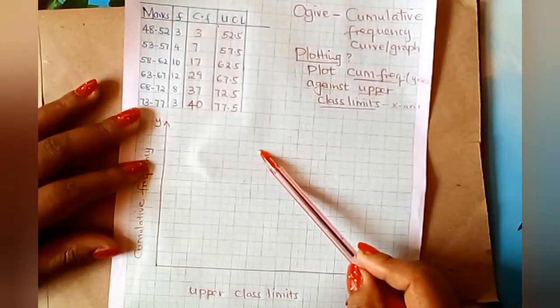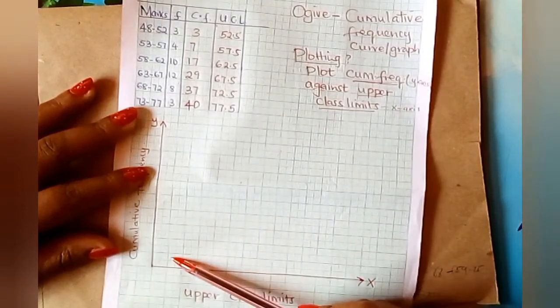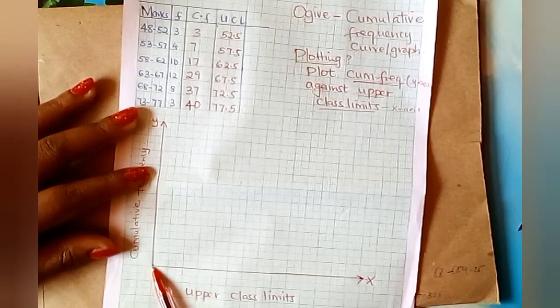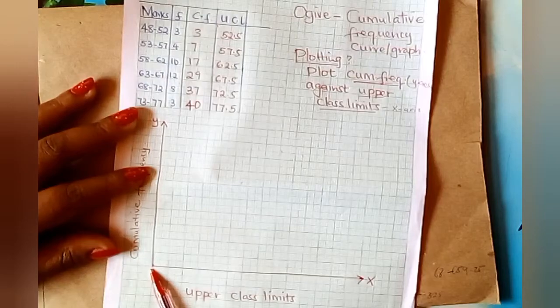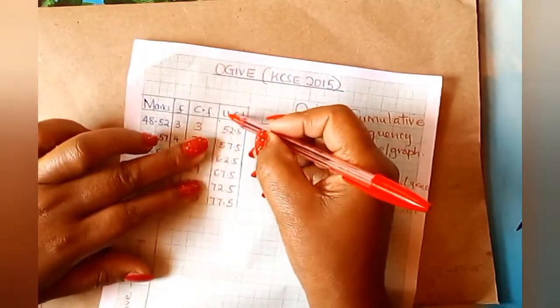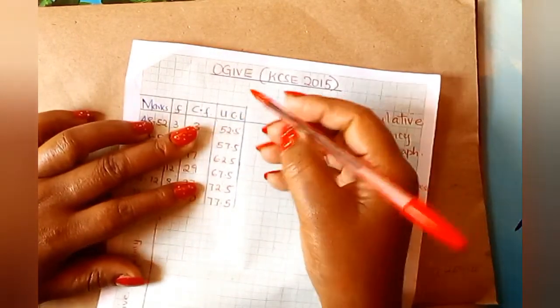Before we draw the ogive, learner, the ogive is normally connected to the x-axis at the origin here. So we need to get the UCL, the upper class limit at the origin.